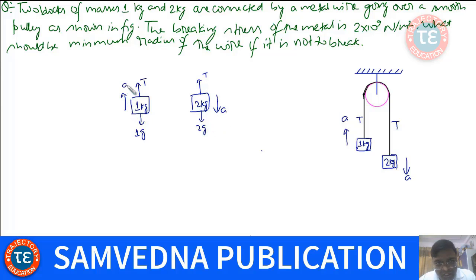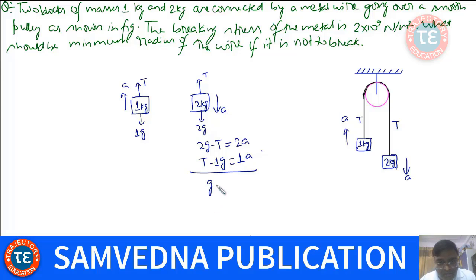Acceleration A in the downward direction and this acceleration A in the upward direction. So the net force in the downward direction is 2g minus T, and that should be equal to mass into acceleration. Here the net force in the upward direction is T minus 1g, and that should be equal to 1 into A, right?